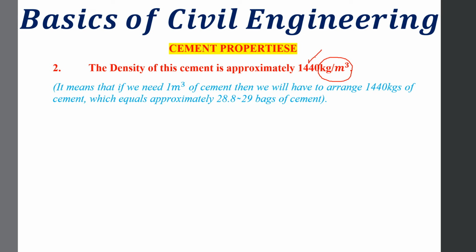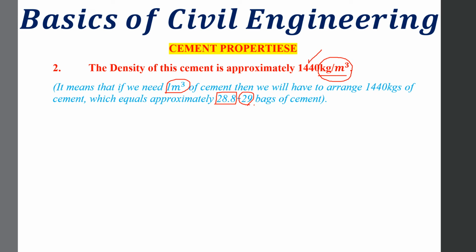Don't intermix the density. So this density is only given in kg per meter cube. So I will move towards finding the volume of one bag, because as we studied, in 1 meter cube volume of cement there are 28.8 bags or approximately 29 bags.